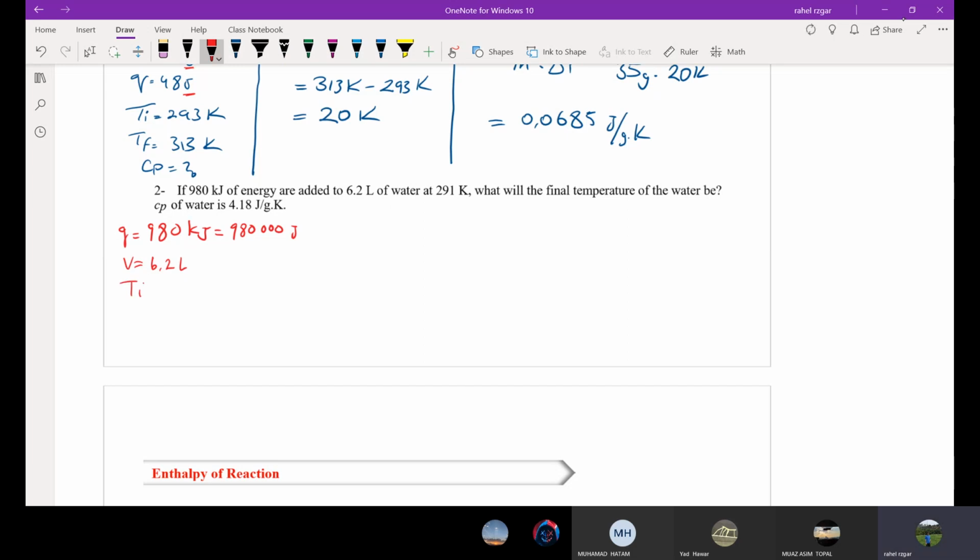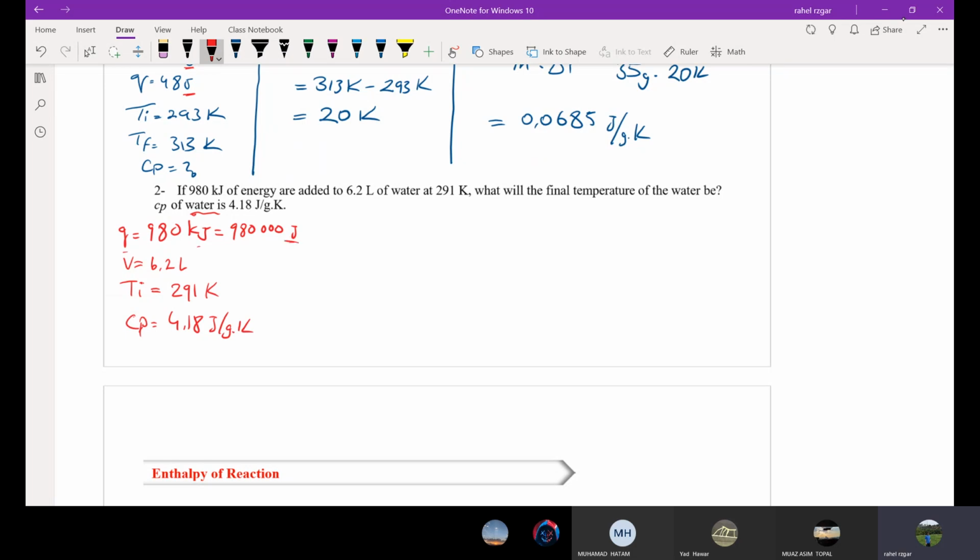So this one means T initial. Why? Because it says what the final temperature will be. So this one is T initial, 291 Kelvin. Okay. And also CP is given. As you can see, it's water, but the CP you don't have to memorize here. It's given, in joule per gram K. So as you can see, Q is in kilojoule.